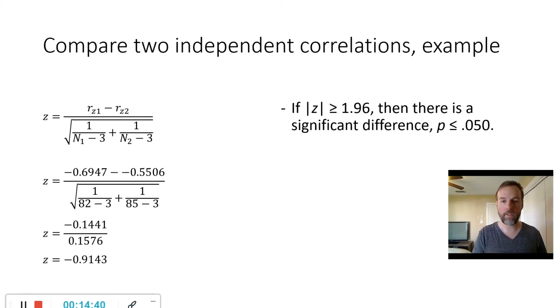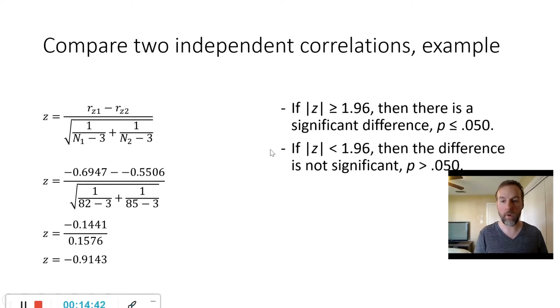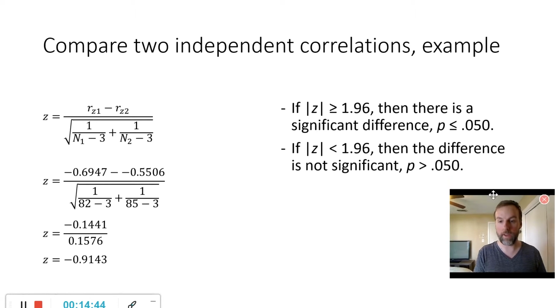If it is less than that, then we don't have a significant difference at a p-value of 0.05. Our z-value is 0.9143, so we don't need to worry about the sign. Just think of the absolute value as less than 1.96, so our two correlations are not significantly different. So the p-value is going to be greater than 0.05.